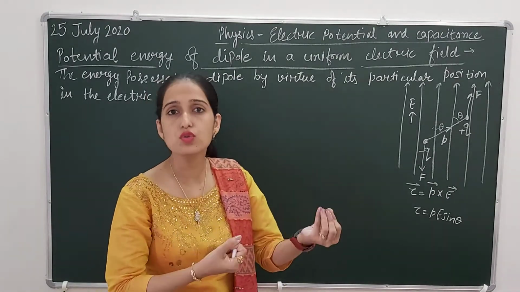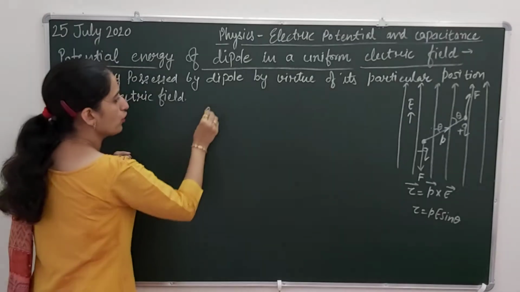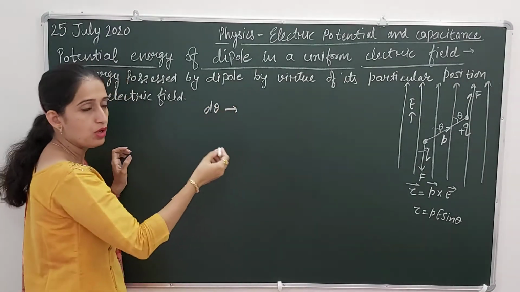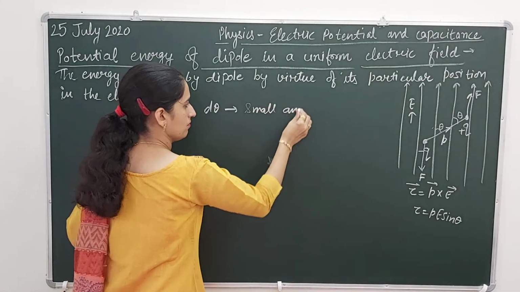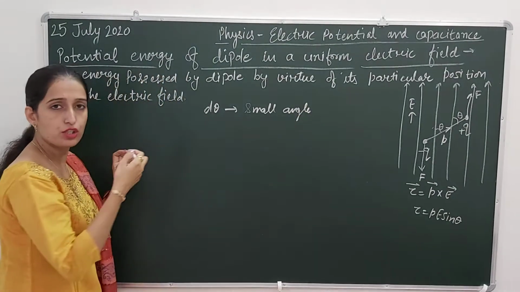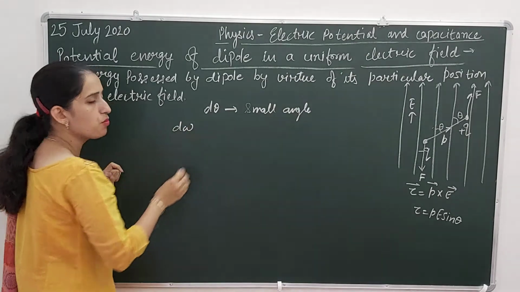So we need to do some work against this torque. Suppose we rotate the dipole through a very small angle d theta. Then we need to do a very small amount of work.